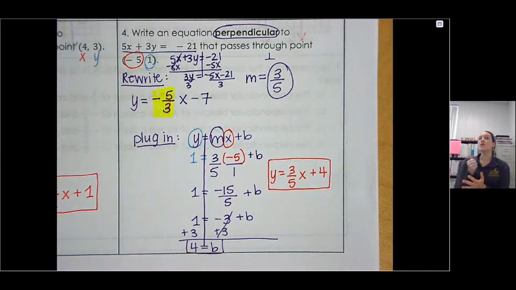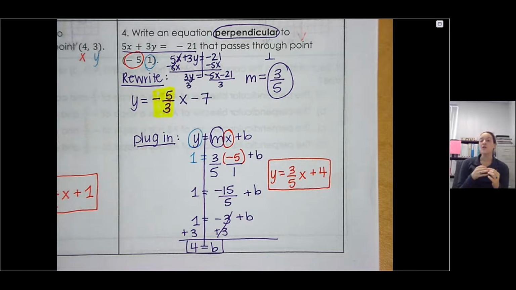And then when we are doing our perpendicular line, we have to change the slope. So it went from a negative to a positive, and then I made the reciprocal, they traded places. So -5/3, the perpendicular slope is +3/5. And then I plugged in my x and my y, and I solved for my b value again. So it was the same idea, except with a perpendicular line.